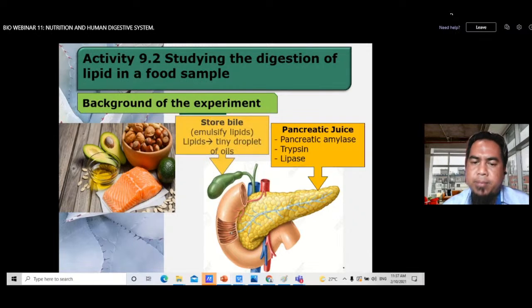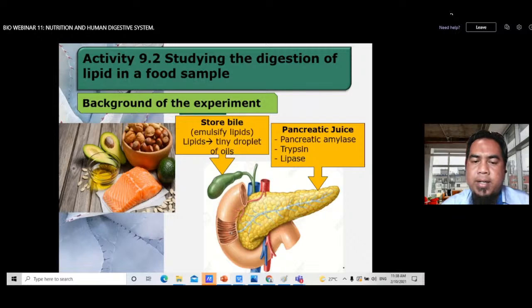Then near the duodenum you can also see the gallbladder. The function of the gallbladder is to store bile that is synthesized by the liver. The function of bile is to emulsify lipid into tiny droplets of oil in the duodenum.